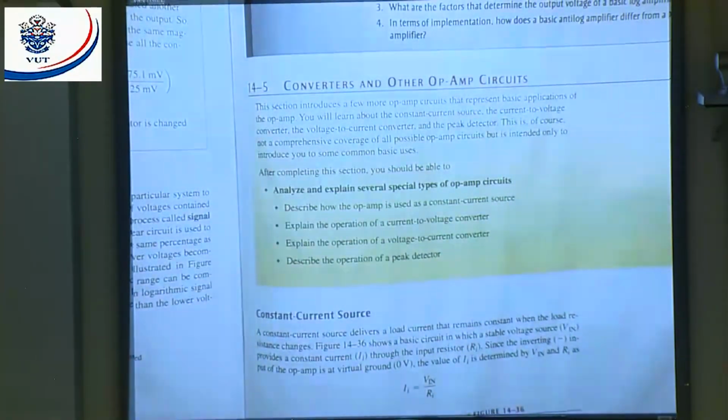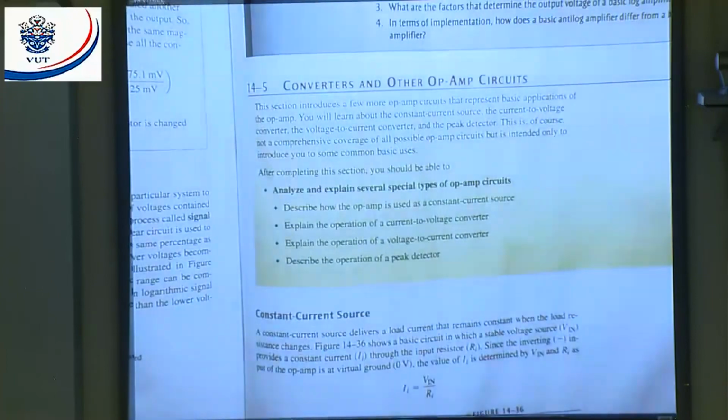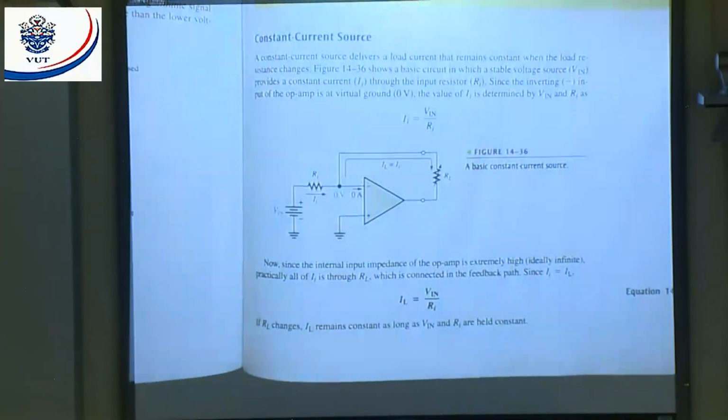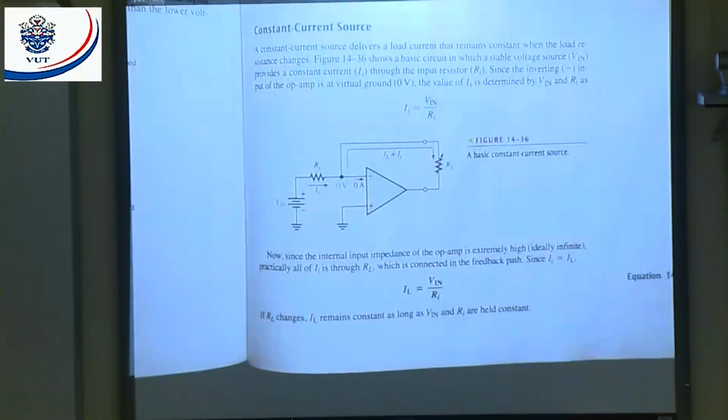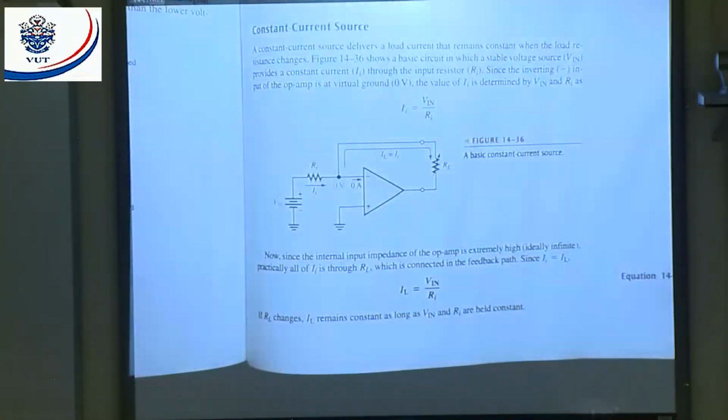All right, converters and other op-amp circuits. Here we're going to look at a few different op-amp circuits that we can use. The first one is basically a constant current source.